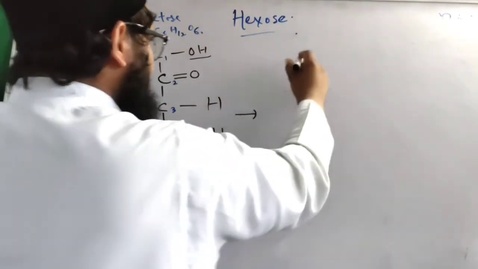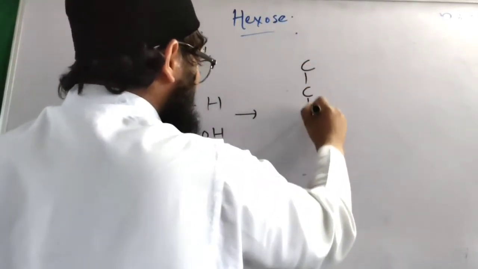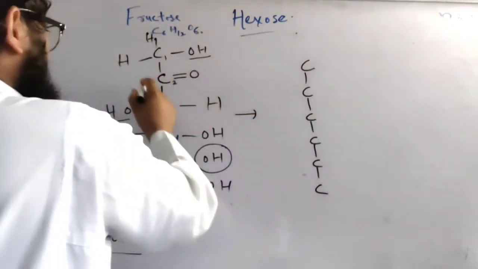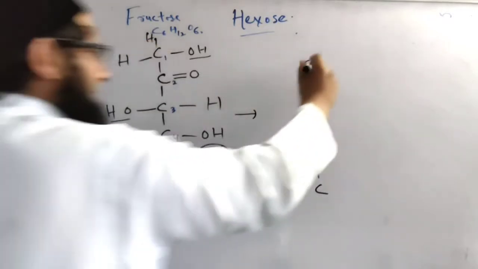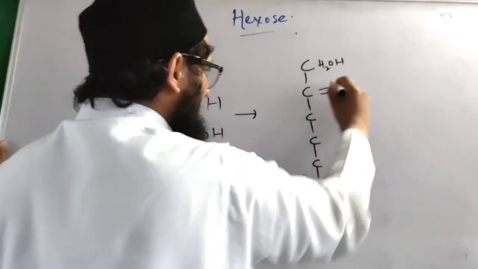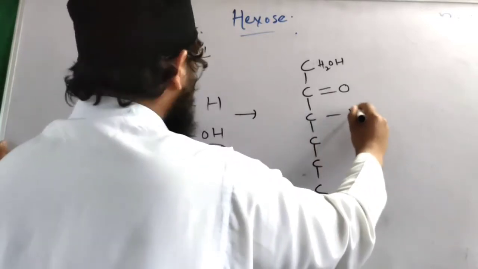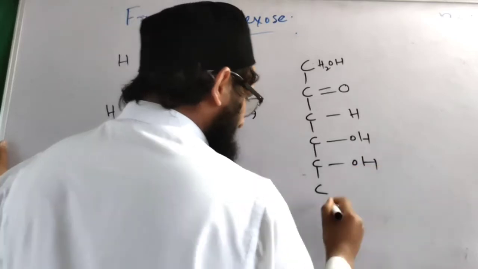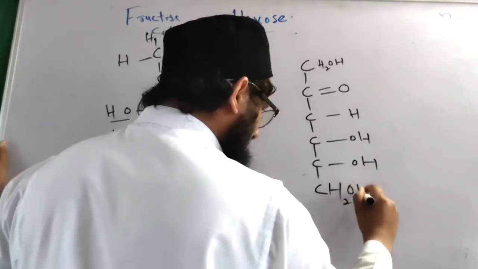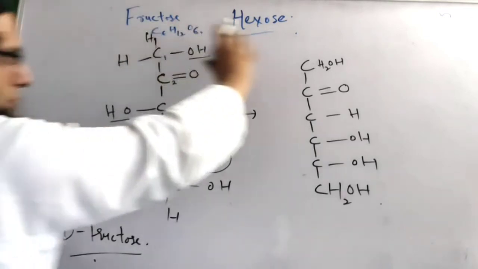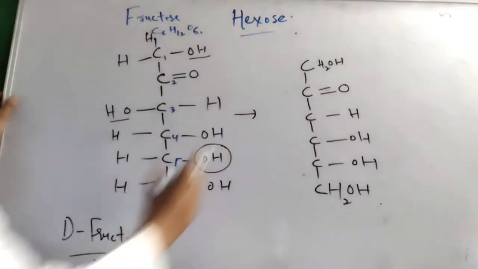We can draw it like this, CH2OH. Here we have the functional group O, we get the H, OH on the right side, OH again, and here we can write CH2OH. So what we did was write the expanded form in a molecular form.